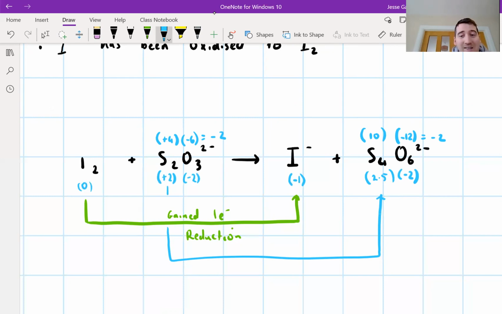It has gained, no, sorry, it has lost 0.5 of an electron. Which means that that is oxidation.